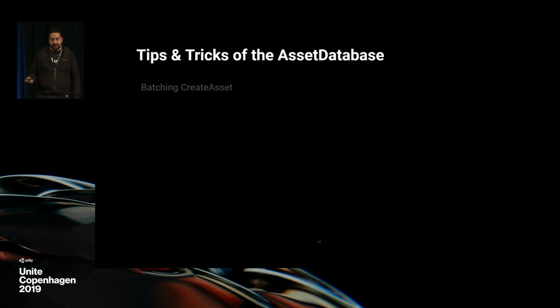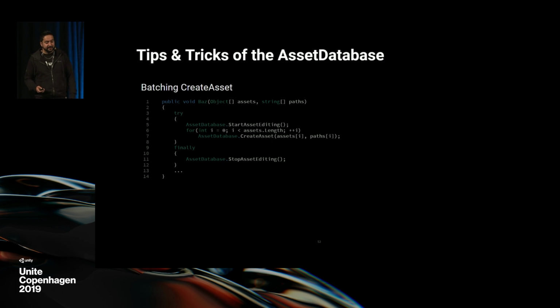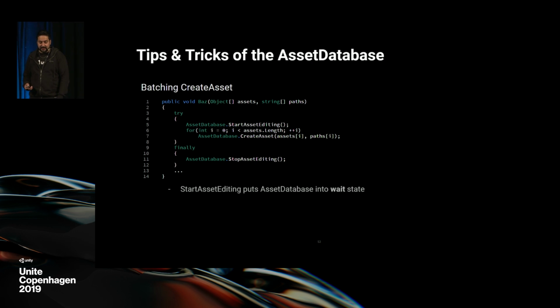Now, since we're in the tips and tricks section, there is a way to batch the creation of an asset. So that's when you call start and stop asset editing. Essentially, start asset editing puts the asset database in a waiting state. It says any operation that you do that we would have made a refresh from, we are not going to refresh right now until you tell the asset database, let's refresh again.